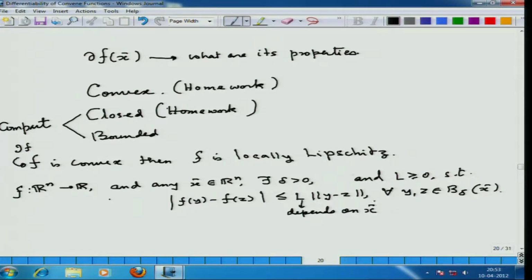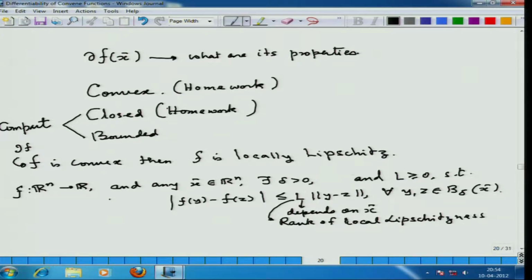This is called the rank of local Lipschitzness, or local Lipschitzian rank, whatever you want to call it. So, this constant will change if you change your x̄, but if this constant does not change once you change your x̄, then such a function is called globally Lipschitz.